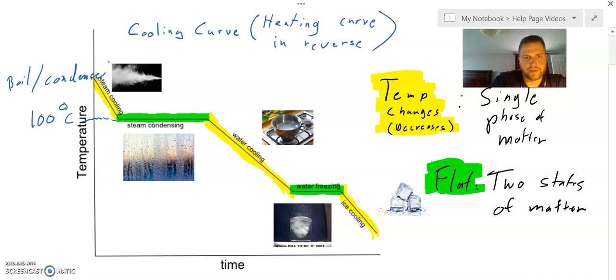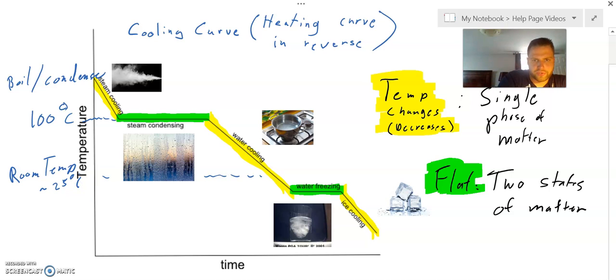I know that room temp is going to be somewhere in here. And remember, room temp is around 25 degrees Celsius.